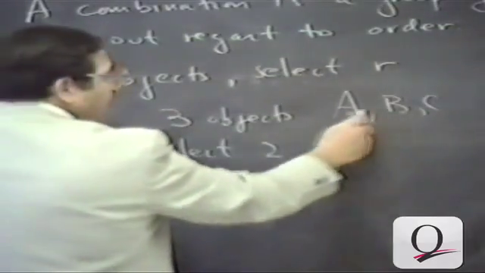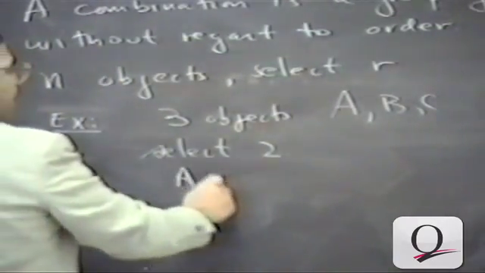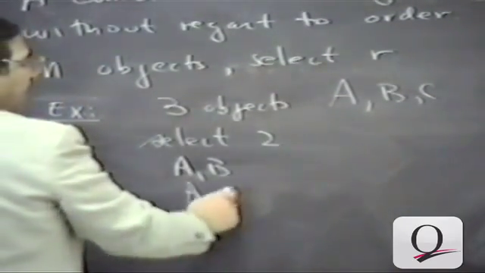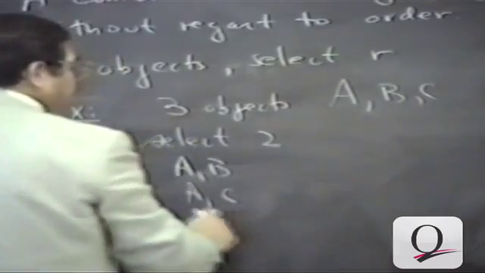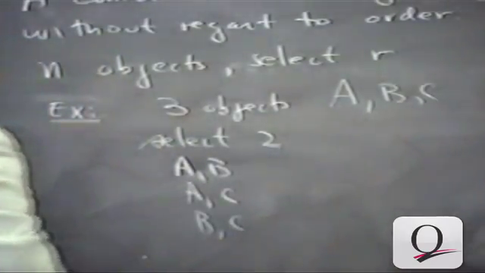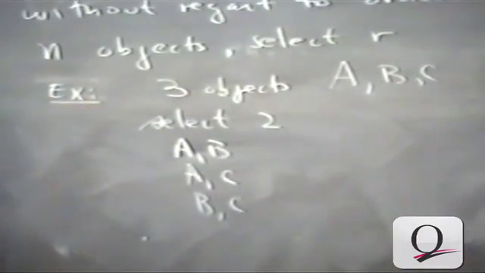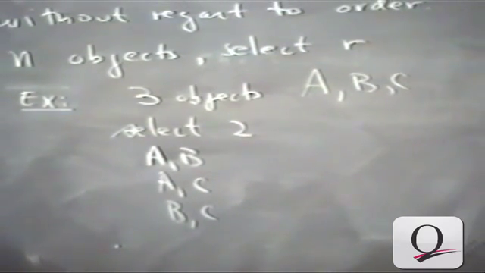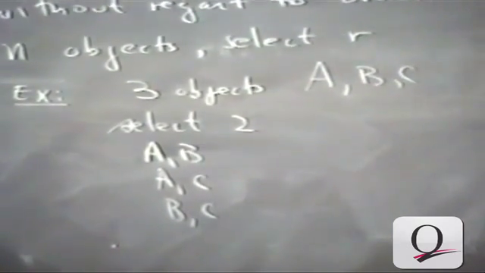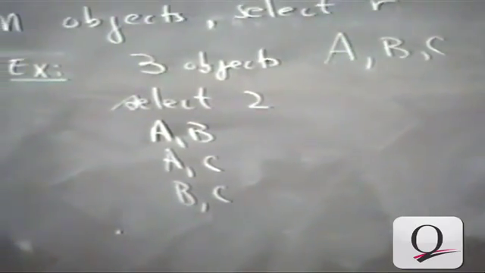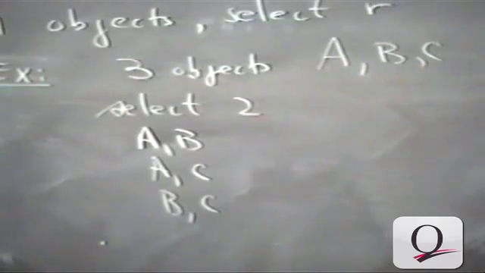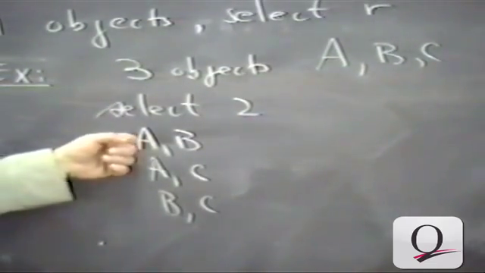Well, I could pick A and B. I could pick A and C. And I could pick B and C. And there are just 3 combinations of 2 from 3. You'll remember that there were 6 permutations. There are more permutations. In fact, how would I get the number of permutations? I could take each combination and permute it.